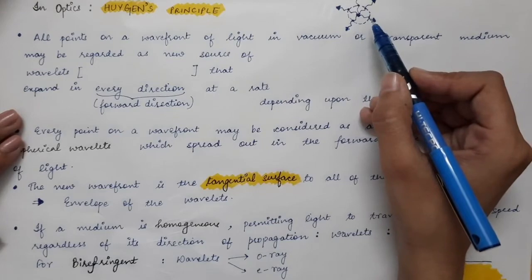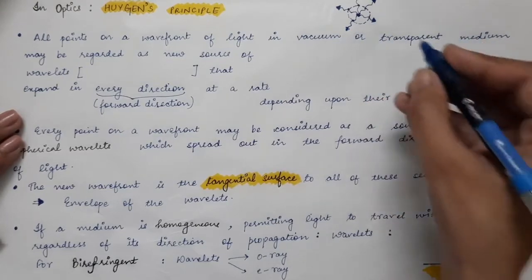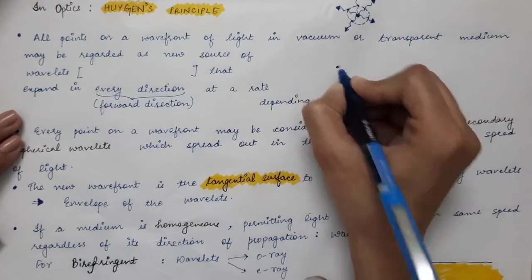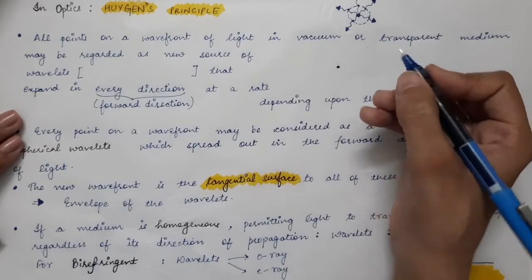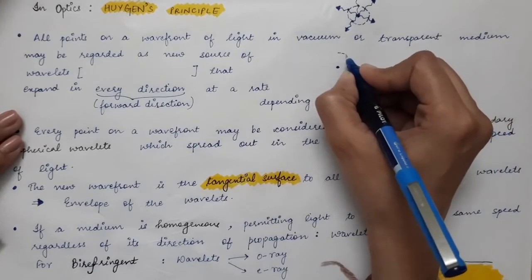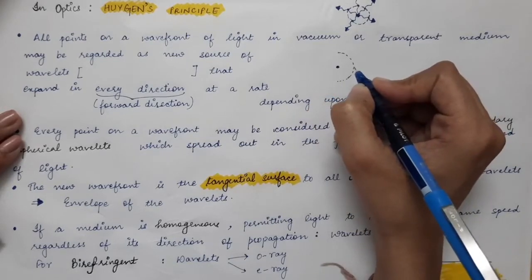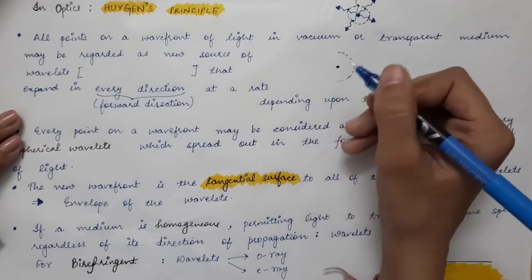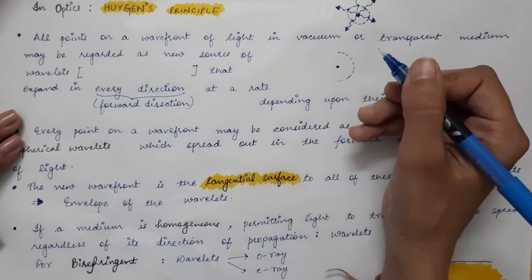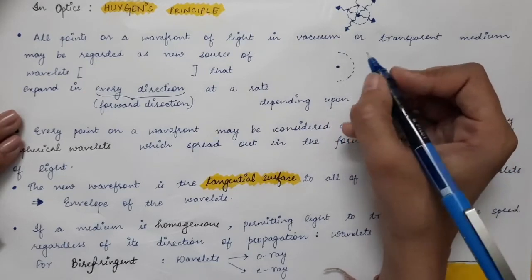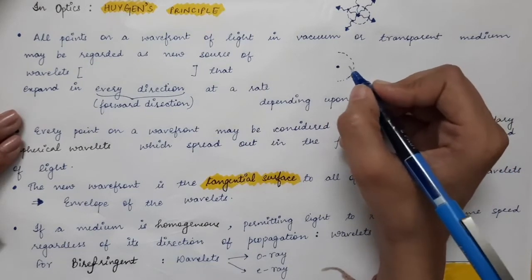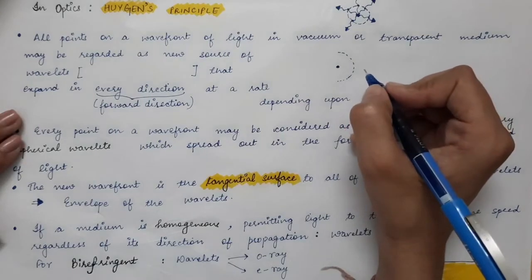Now we are going to see what Huygens principle is. If I take a point source again and draw the wavefront for it, it will obviously be spherical, because we are taking either a vacuum or a homogeneous medium. What is a homogeneous medium?